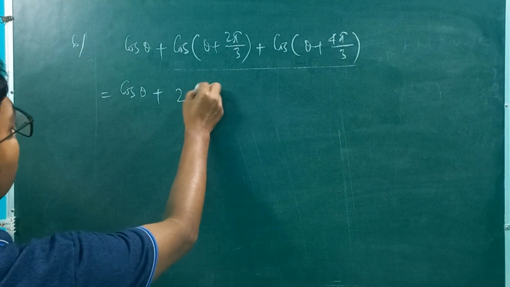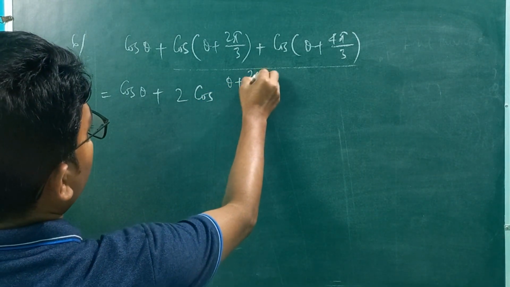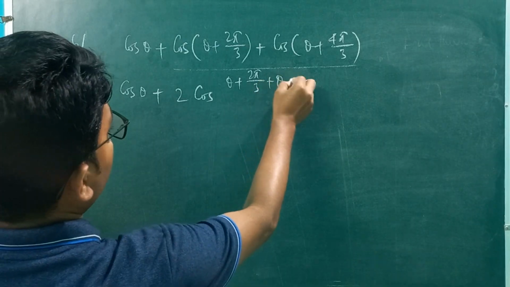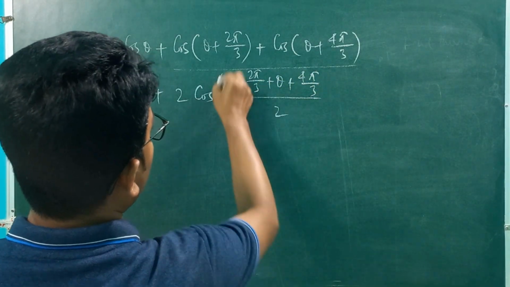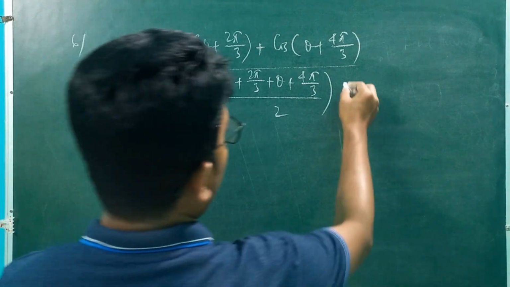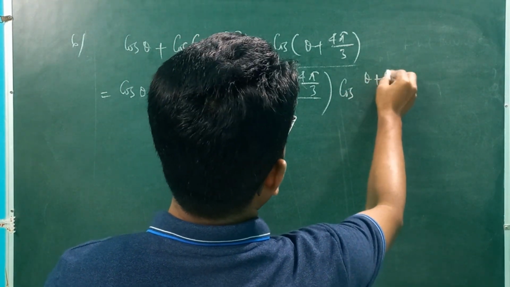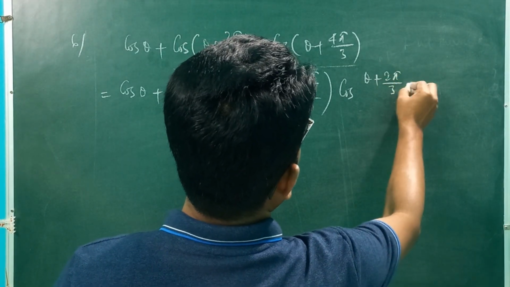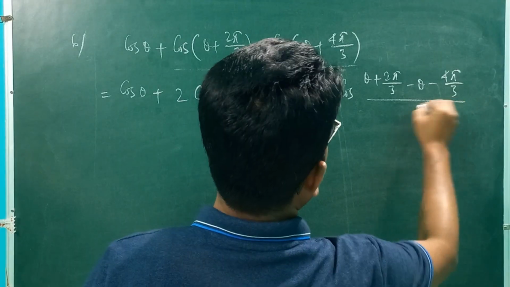Cos theta, 2 cos of c plus d by 2, that is theta plus 2 pi by 3 plus theta plus 4 pi by 3, by 2, and cos of c minus d by 2, theta plus 2 pi by 3 minus theta minus 4 pi by 3, by 2.